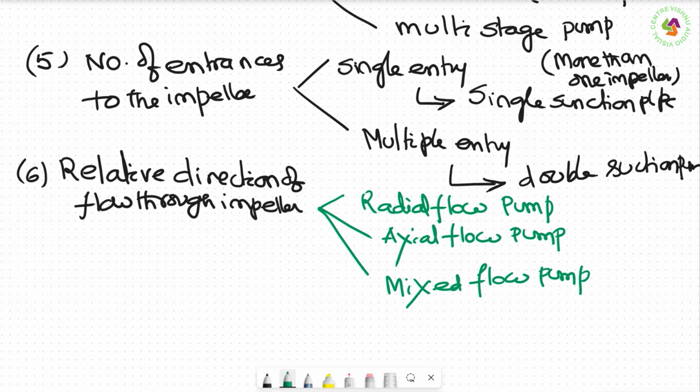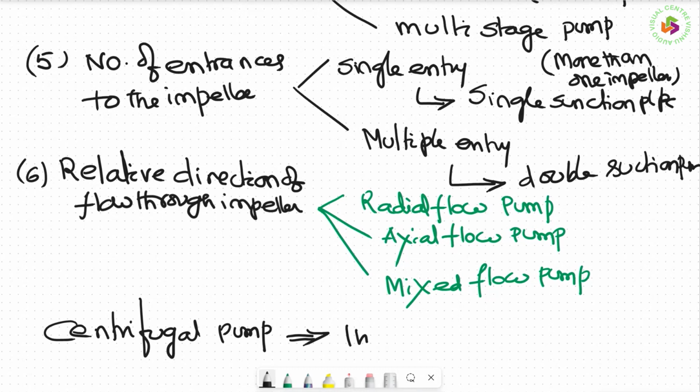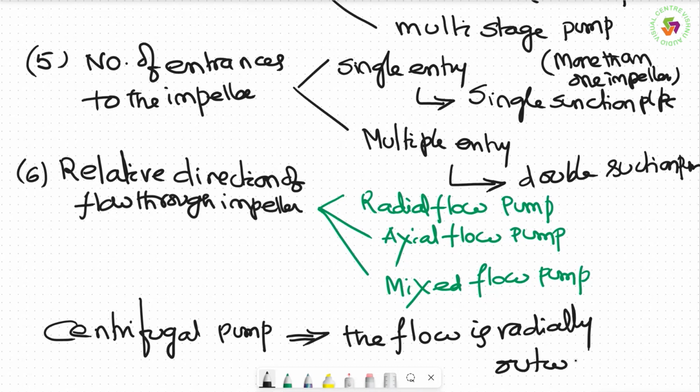So finally, I wish to conclude this lecture by noting that in a centrifugal pump the flow is radially outwards, typically opposite to the Francis turbine.